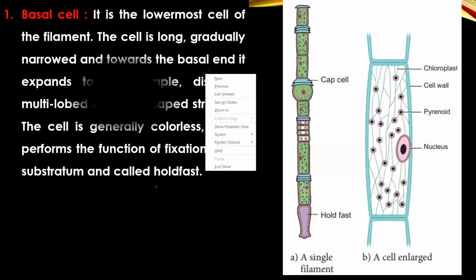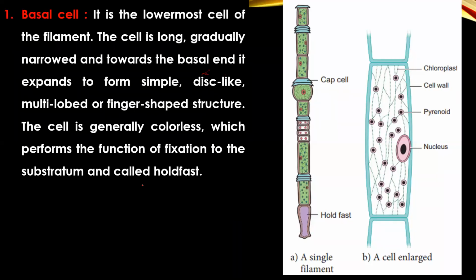We'll start with the basal cell. It is the lowermost cell of the filament. Okay. The cell is long, gradually narrowed, and towards the basal end, it expands to form a simple disc-like, multi-lobed or finger-shaped structure.